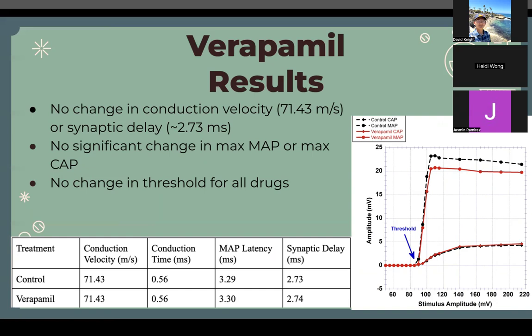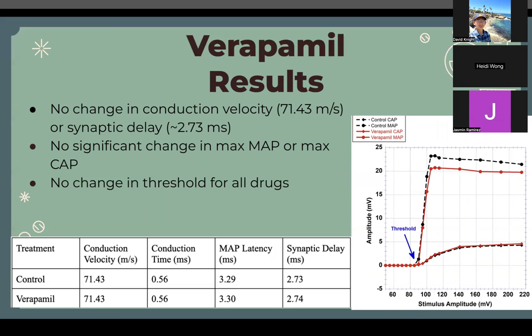As Jasmine explained, the synaptic transmission at the neuromuscular junction primarily relies on the PQ type calcium channels, which release acetylcholine from the presynaptic terminals, and acetylcholine diffuses across the cleft to bind to the nicotinic muscle acetylcholine receptors, which depolarizes the end plate.